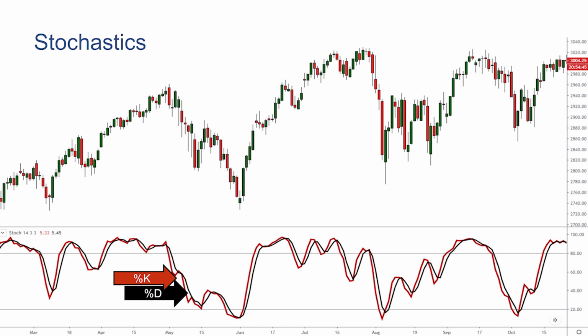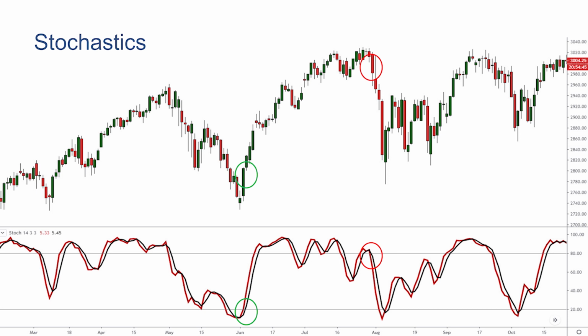Notice here that we have, in this case, a 3-period average on the main percentage K line. What this shows you is a variety of buy and sell signals that emerge. As we can see here, what you're trying to identify are some of those key turning points and when they give you a signal.